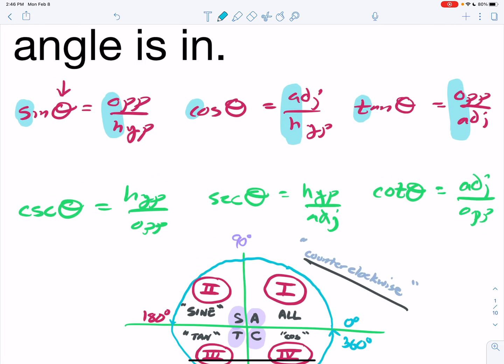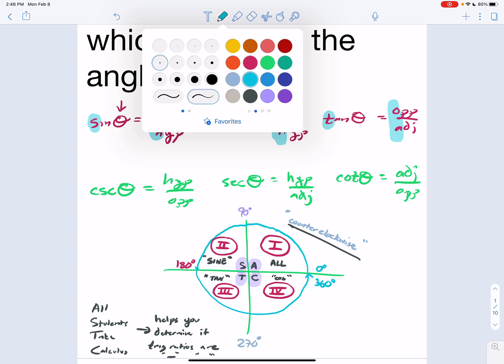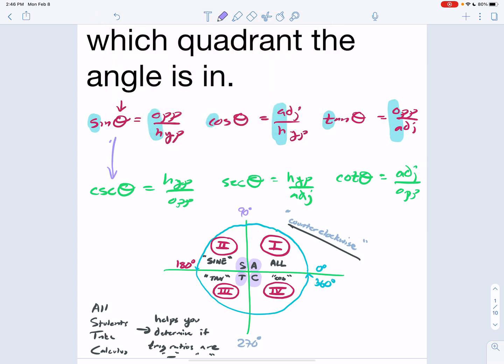So here's my question to you. How are these functions related? And I want you to pay attention to the words that you're using here, okay? How is sine related to cosecant? How is cosine related to secant? How is tangent related to cotangent?